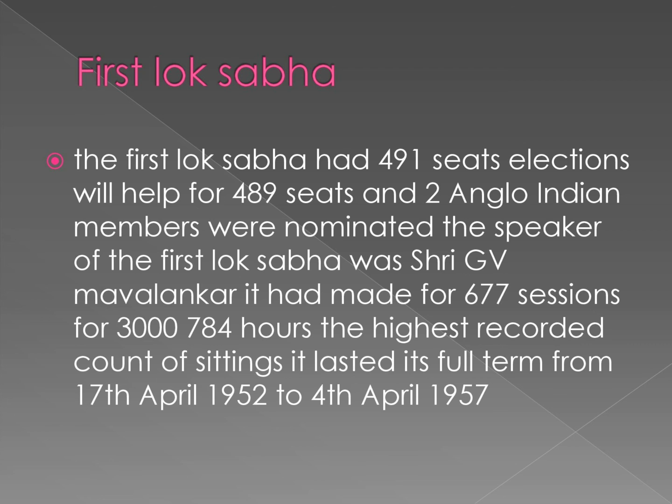The speaker of the first Lok Sabha was Sri G.V. Mavalankar. It met for 677 sittings or 3,784 hours, the highest recorded count of sittings. It completed its full term from 17th April 1952 to 4th April 1957.